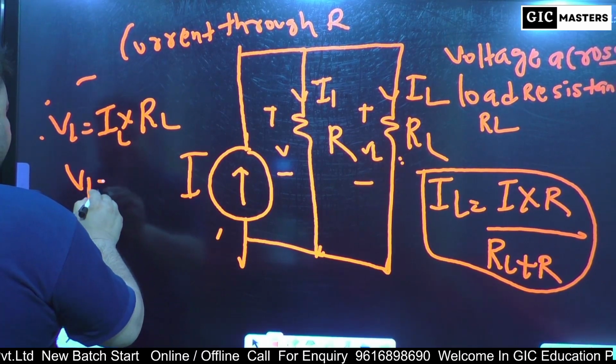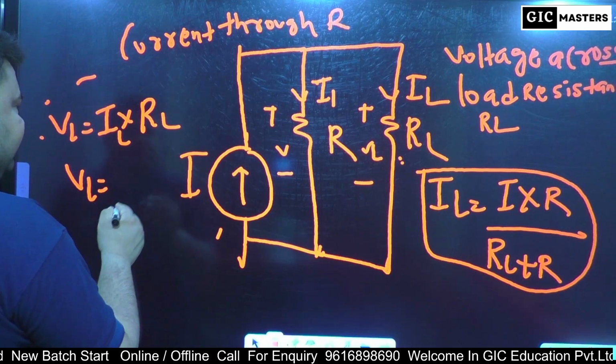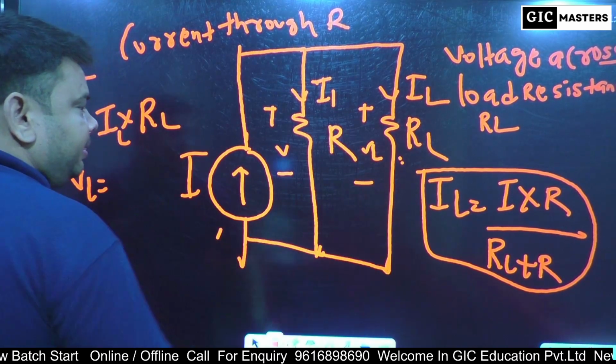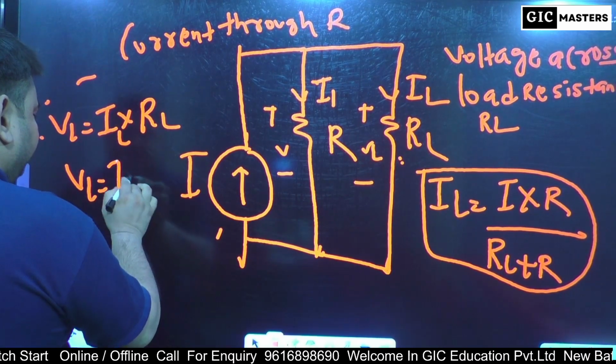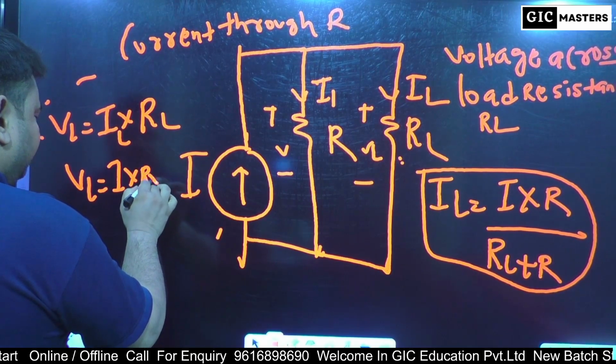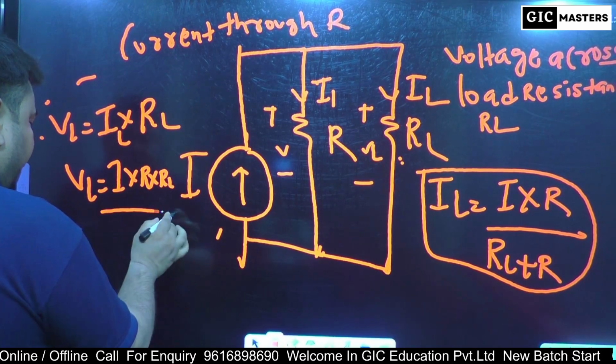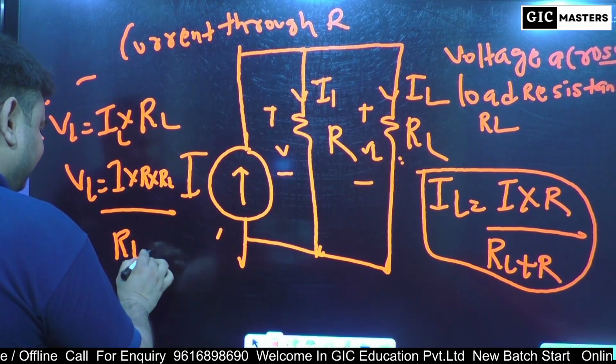So VL equals, in place of IL we put I into R upon RL plus R, into RL.